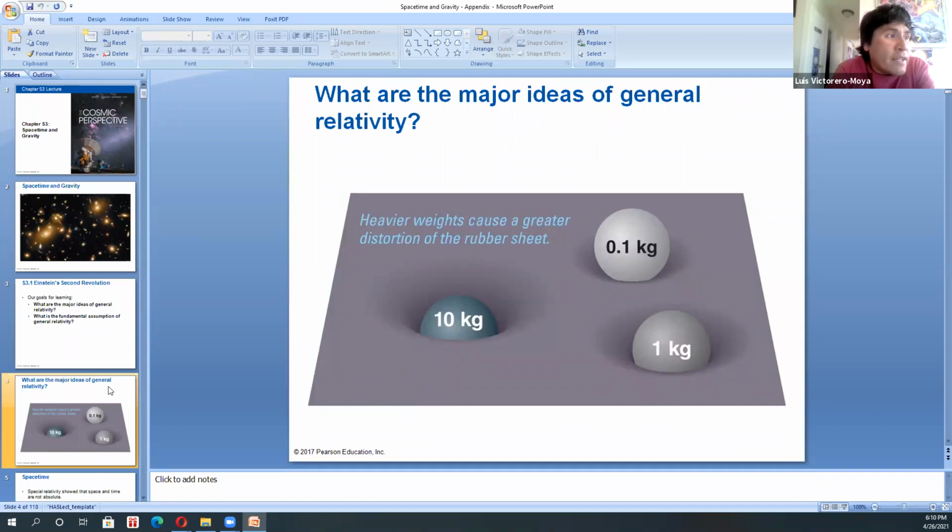What you are seeing there could be a comparison between a low mass star, a high mass star, and then what happens when that high mass is contained in a very small volume. You can have a neutron star, which gives you much more bend or distortion in that rubber.